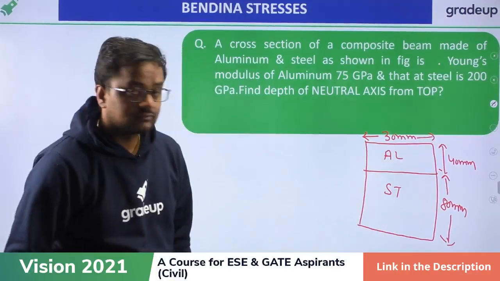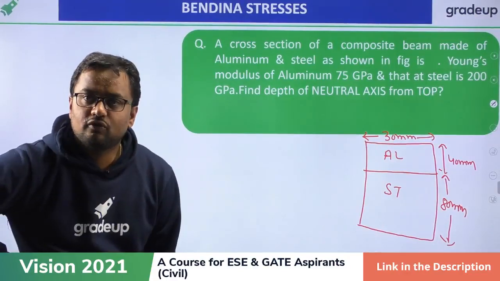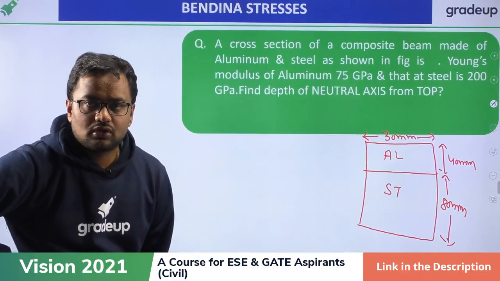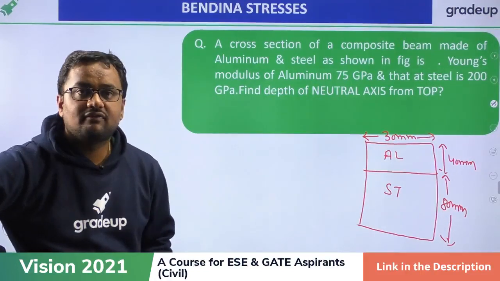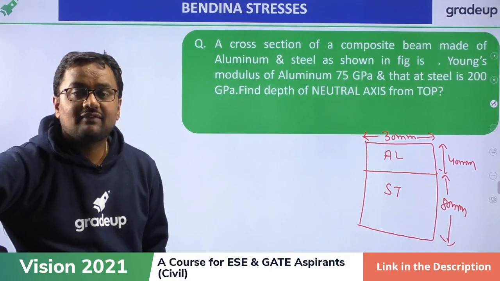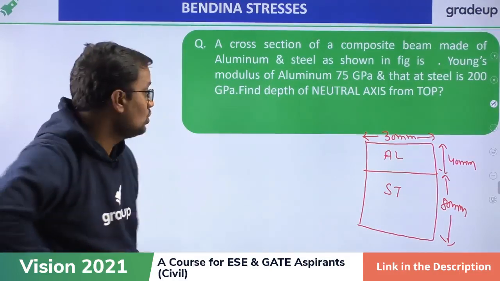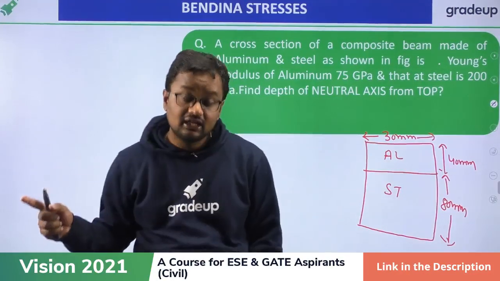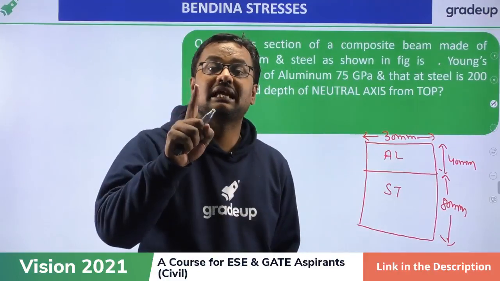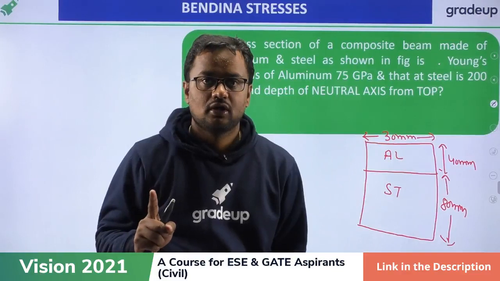Okay, see now. Before you solve it, let me tell you the concept. My dear friend, this is the problem, this is the figure, and I have to find out the neutral axis. My friends, whatever I have told you, the formula sigma by y is equal to M by I is equal to E by R, that formula is applicable for pure bending and for homogeneous section.